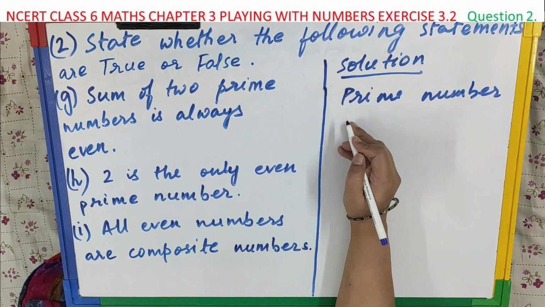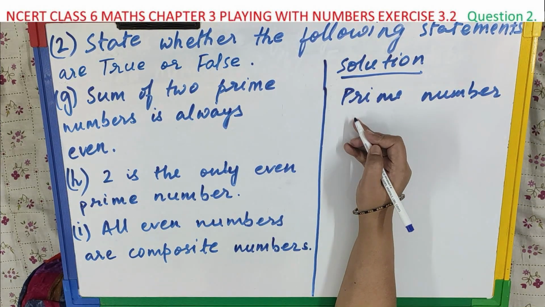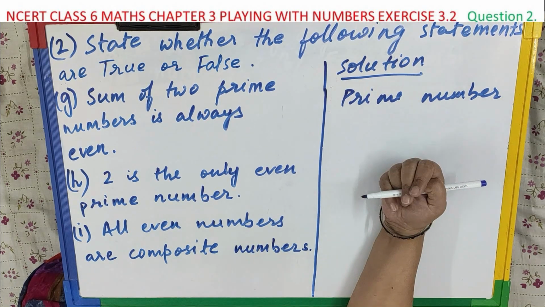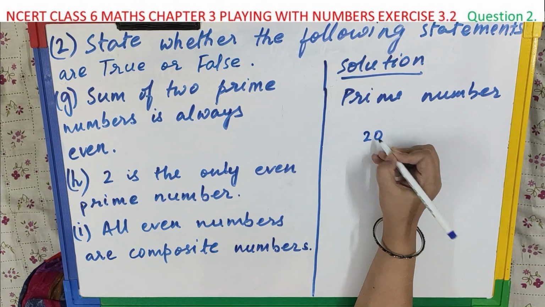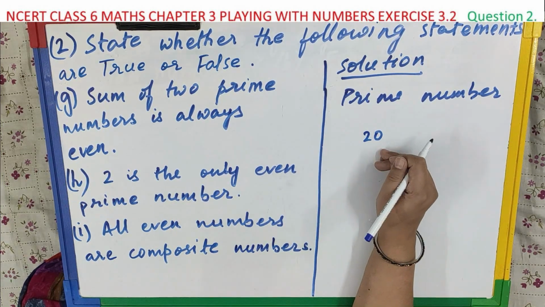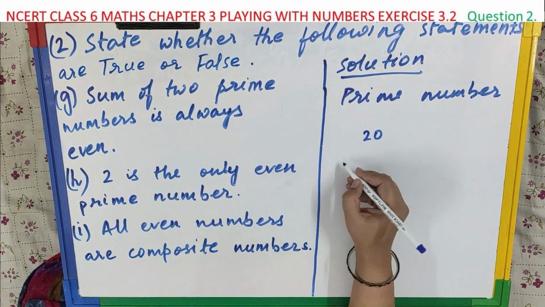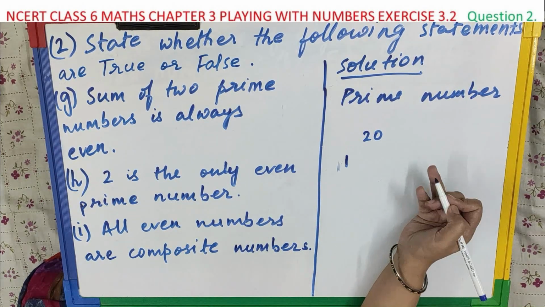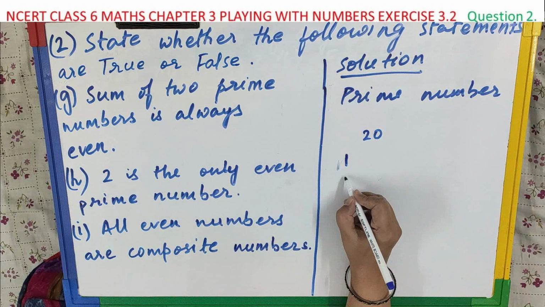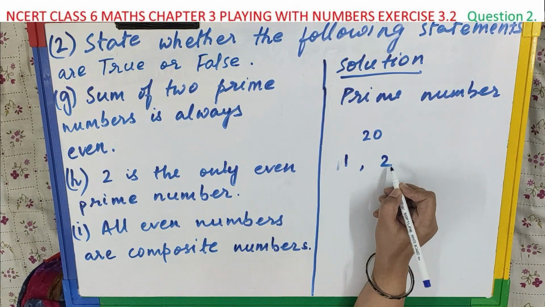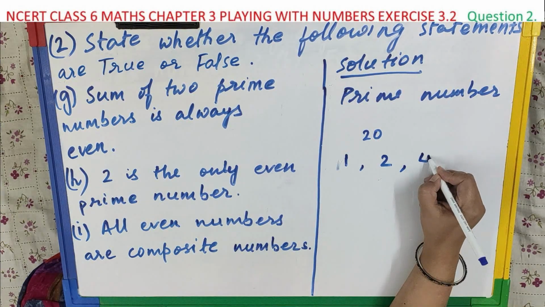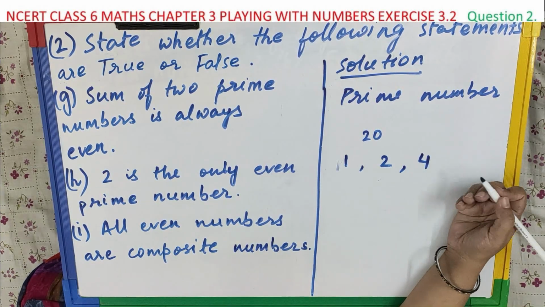Prime numbers are the numbers which are divisible by only two numbers. Suppose I tell you 20. By how many numbers is it completely divisible? It is completely divisible by 1, because 1 twenty is 20. It is also completely divisible by 2, because 2 tens are 20. It is also divisible by 4, 4 fives are 20.